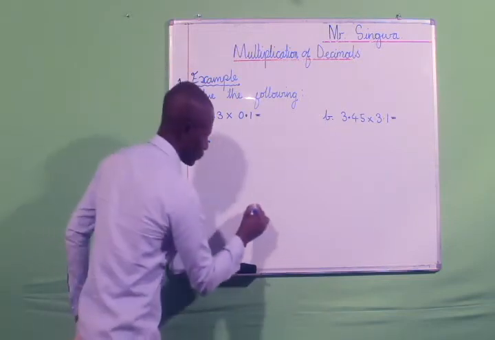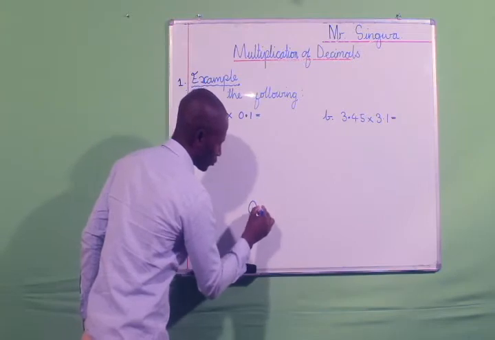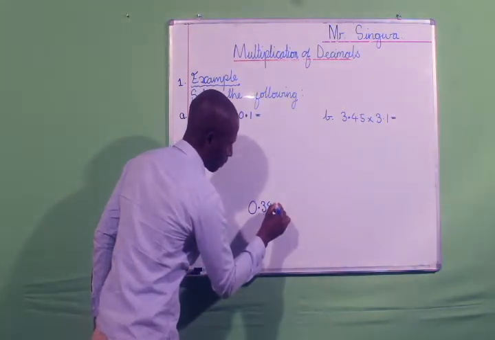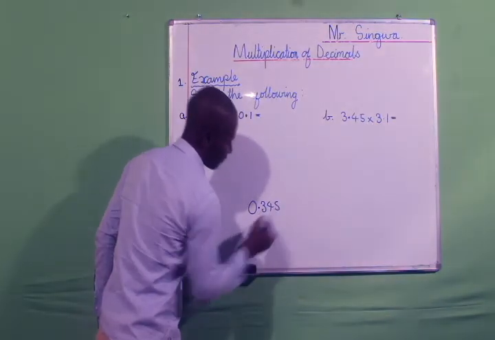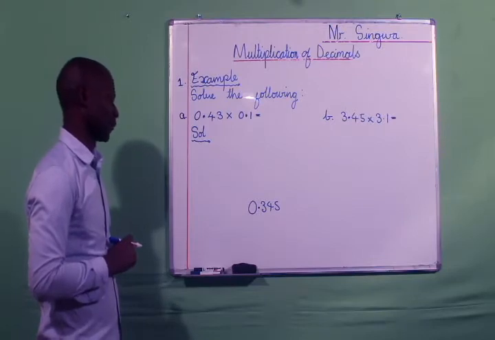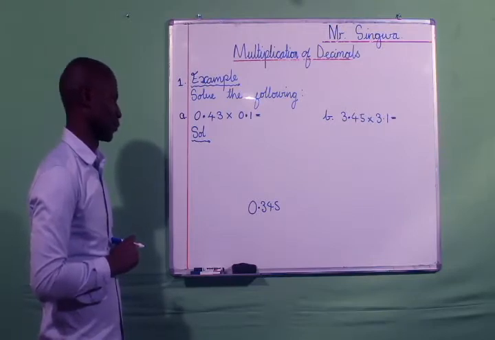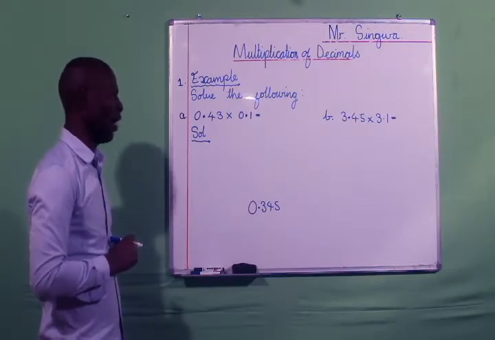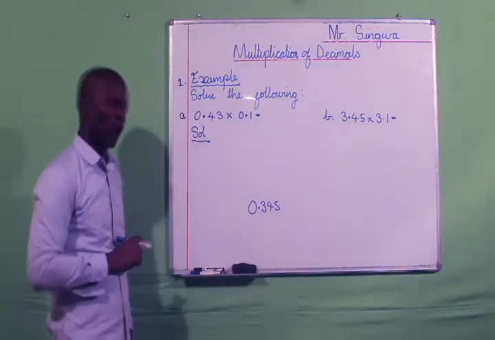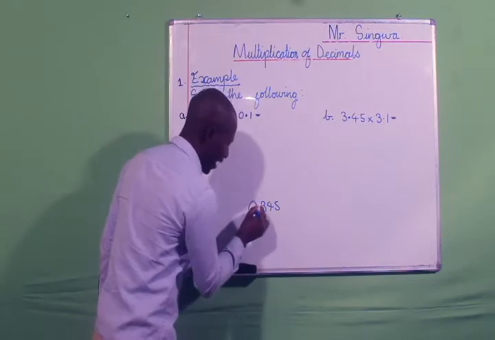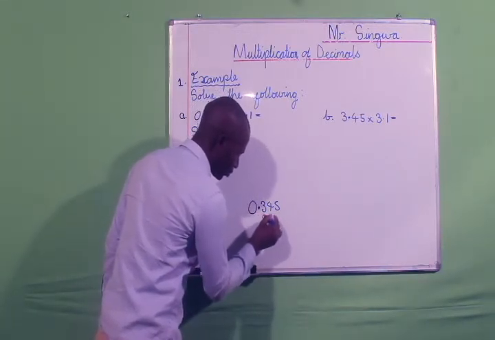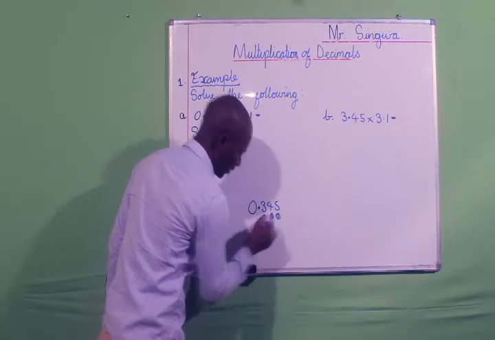I'll give you an example. 0.345. How many decimal places are there? Obviously, you count. After the decimal, we have 1, 2, 3 decimal places.